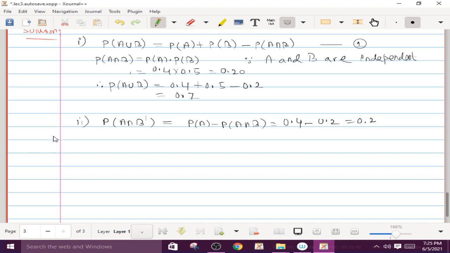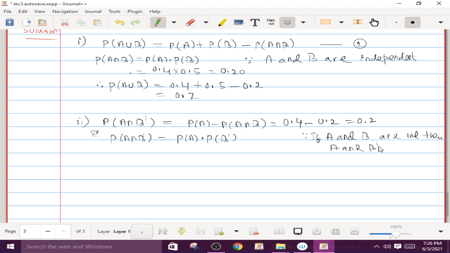Okay, so this is one way. Or another way: we can also solve it as probability of A intersection B complement is equal to probability of A multiplied by probability of B complement. Why? Because if A and B are independent, then A and B complement are also independent.